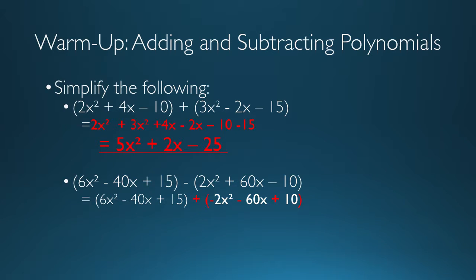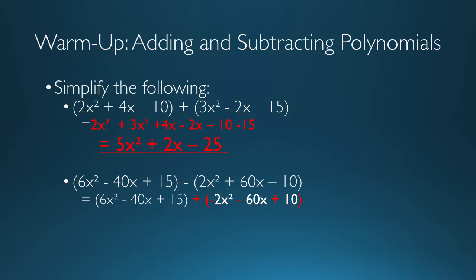Okay, so remember with subtraction, it's the same as adding the opposite. So when we're subtracting polynomials, we can apply that same principle. We keep our first trinomial unchanged, and for the trinomial that's being subtracted, we change our subtraction sign to an addition sign, but we change that polynomial that's being subtracted into the opposite terms.